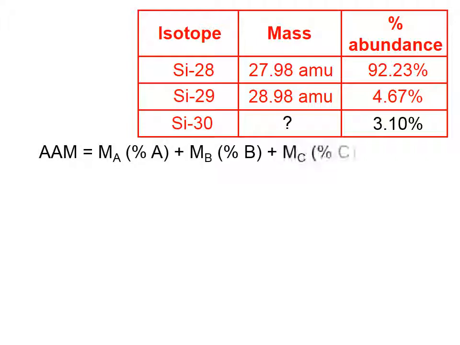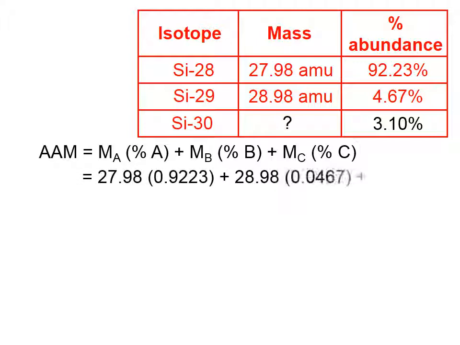So let's use the equation for calculating average atomic mass. Notice that the right side of this equation has 3 terms, A, B, and C, because silicon has 3 isotopes. Let's fill in the values that we know. We know the mass of silicon-29 and its percentage, but we don't know the mass of silicon-30, so I've just put X there, but we do know its percent abundance, 3.1%.